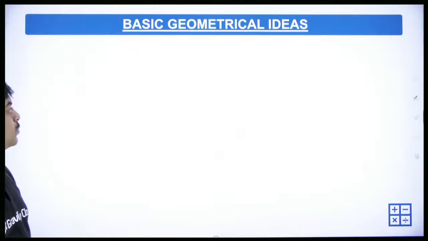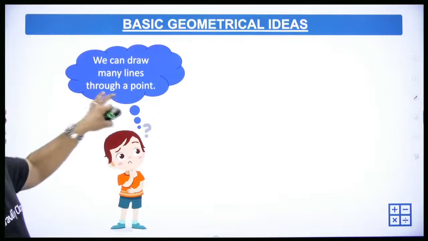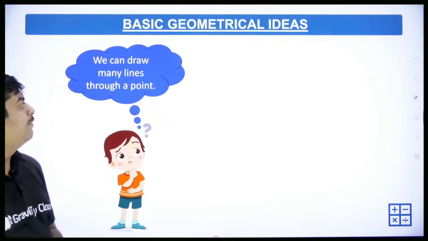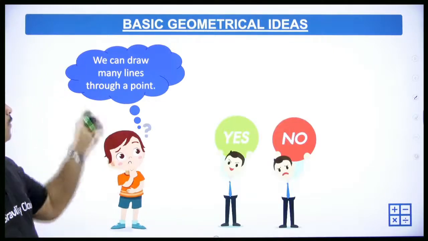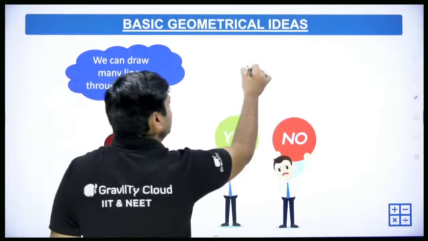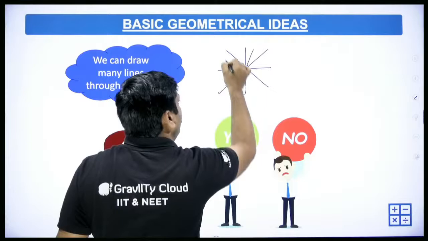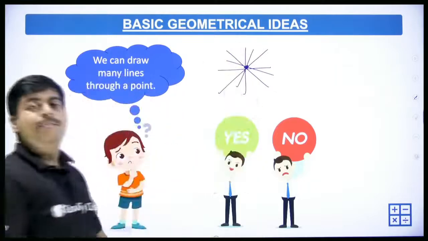Okay. So the next one. We can draw many lines through a point. Is that correct? From one single point, can we draw many lines? Yes, just now we discussed. From one point, we can draw so many lines, right? All these are lines moving from the same point.